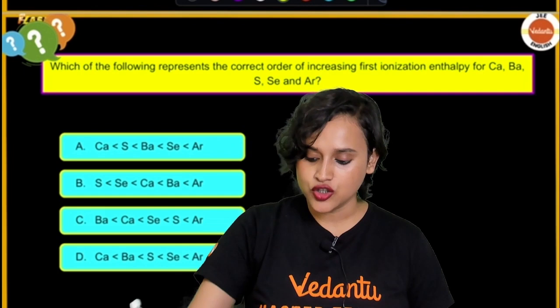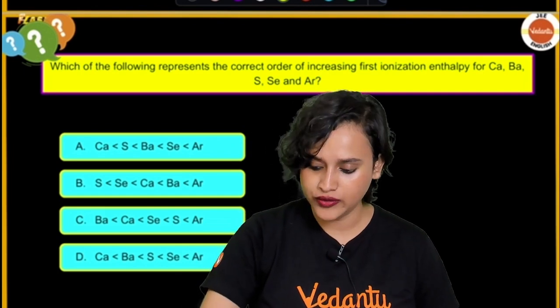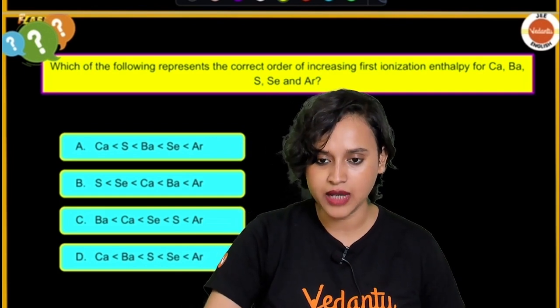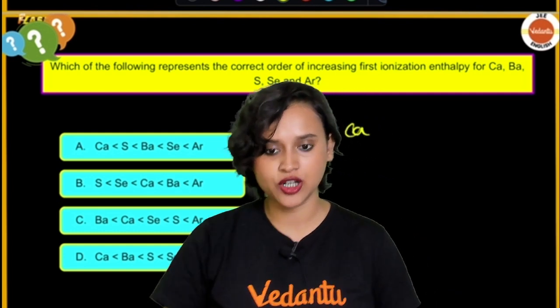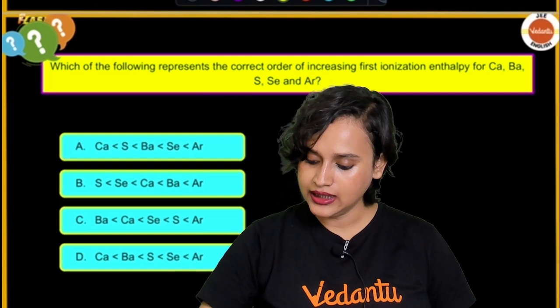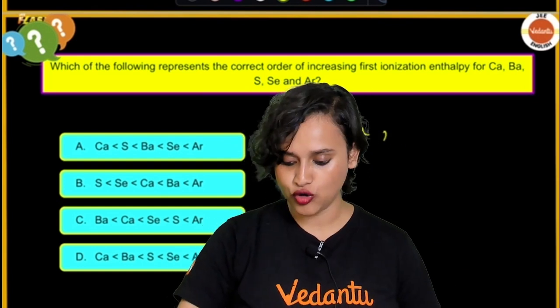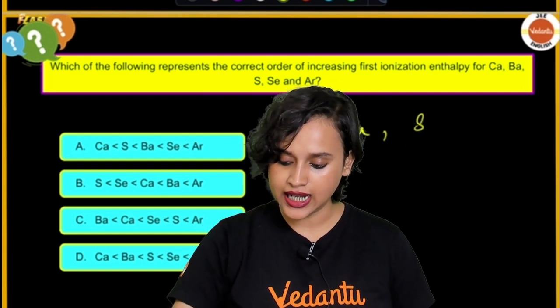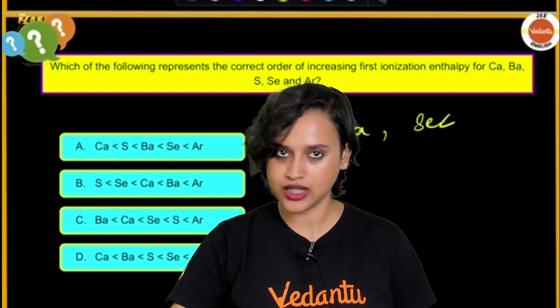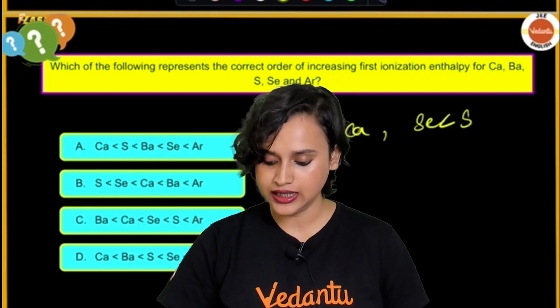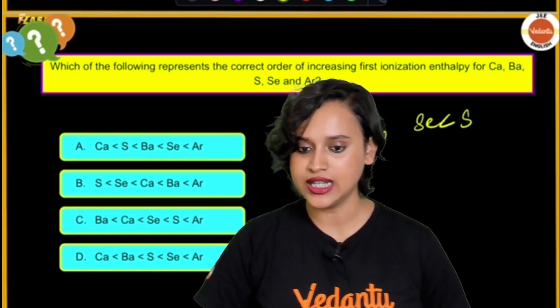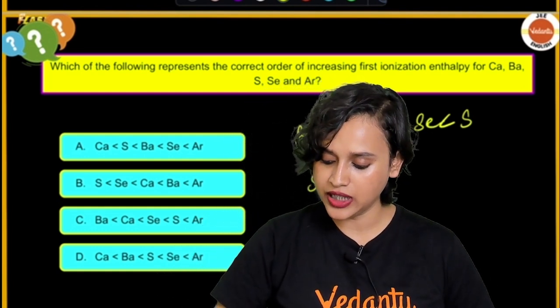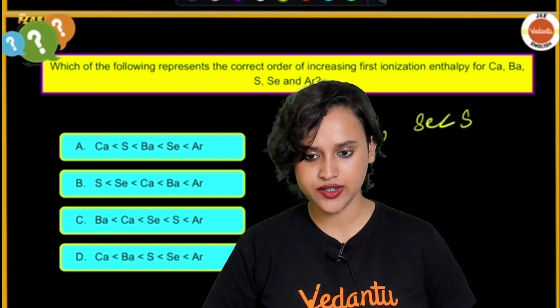So moving down the group, barium will be lesser than calcium. Calcium and barium belong to the same group. So selenium will have a lesser ionization enthalpy than sulfur, right? Then when we are talking about period, sulfur will be lesser than argon, of course, right?